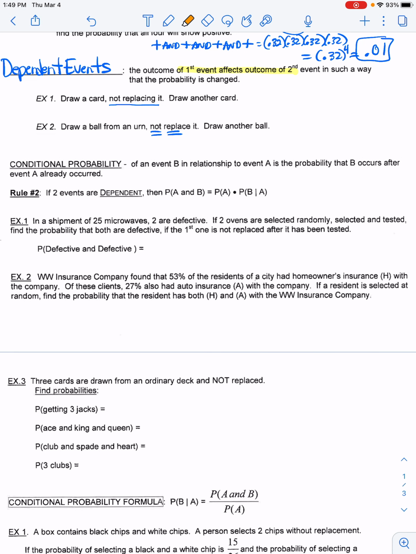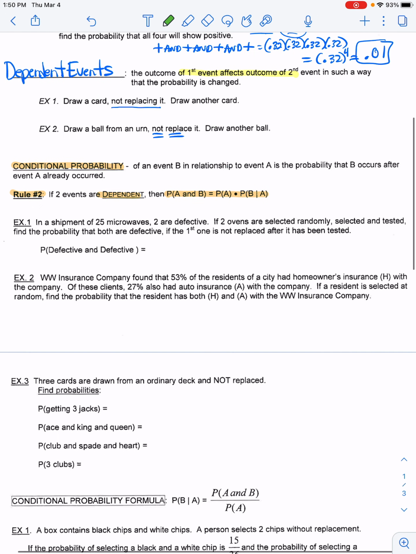So we'll run on down here. So this is where we bring in the word conditional. The conditional probability of an event B in relationship to event A is the probability that B occurs after A already occurred. So our dependent probability rule looks like this. Probability of A times the probability of B given that A already happened.